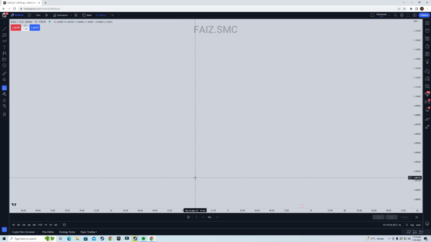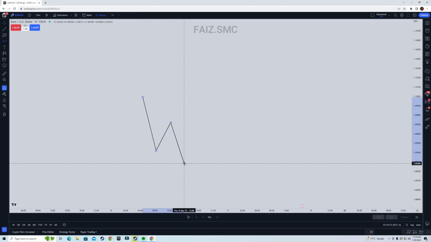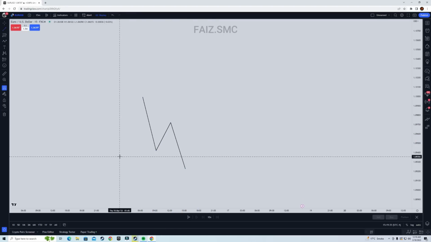Now there's another way to look for market structure shifts that maybe you didn't know before, okay? And ICT taught this method in his 2022 mentorship. So let's assume that you have a liquidity sweep right there.